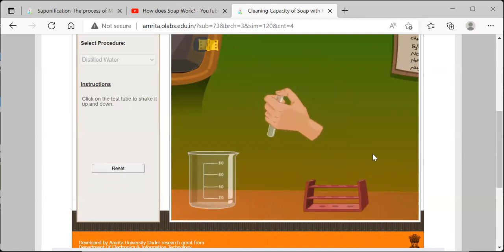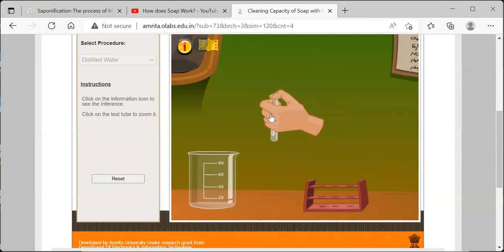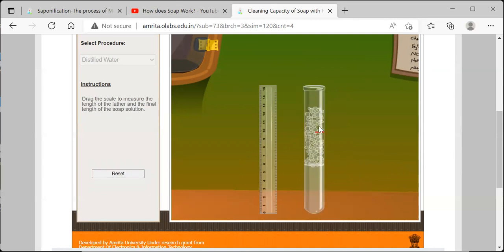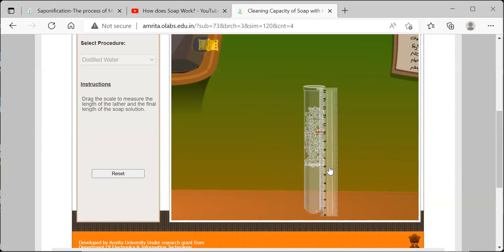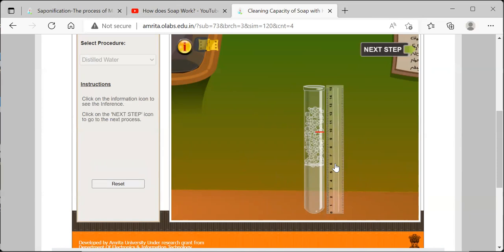Now we're going to click on the test tube, and when we zoom in on it, we can see how some foam has been formed. Utilizing our ruler, we can measure the length of the soap solution and the length of the foam.